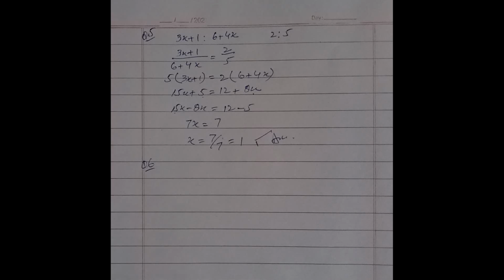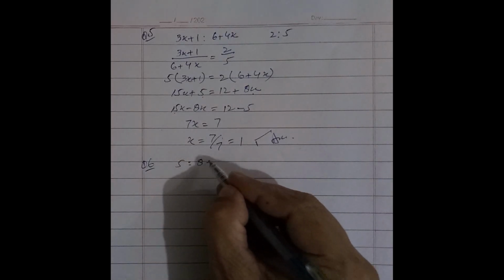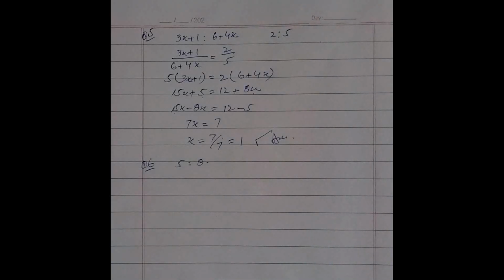Two numbers are in the ratio 5 ratio 8, and if 9 is added to each number, we get the new ratio 8 ratio 11.